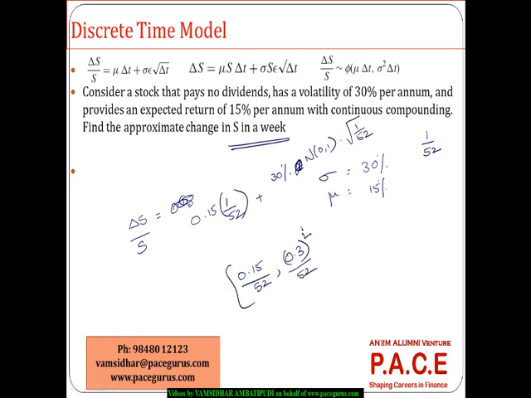So this is the normal distribution. So I can very well find out the 95% confidence interval, 99% confidence interval for the approximate change in S in a week's time. So that's the way we can directly bring out the estimation process once I know the overall process this particular variable is going to follow.